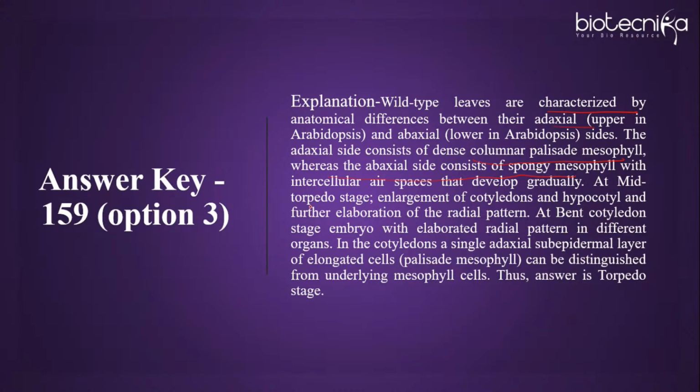And at the mid torpedo stage, so torpedo is almost towards the end of embryogenesis, because the 32-cell stage is generally considered to be the torpedo stage, we all know, because right after torpedo we have the maturation stage. Okay, so towards the mid torpedo, enlargement of cotyledons, hypocotyl, etc. come out, and at bent cotyledon stage, the embryo with elaborated radial pattern in different organs takes place.